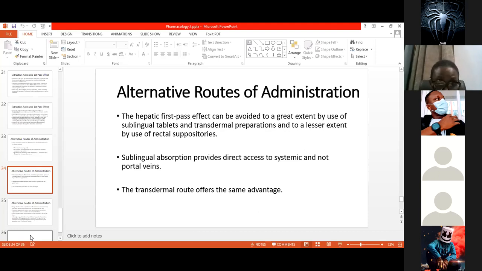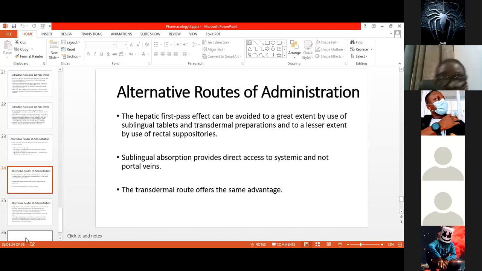So the elimination is the liver clearing it. The effect is that process which informs your change in dosage when you're giving it IV compared to when you're giving it orally. Okay, thank you.